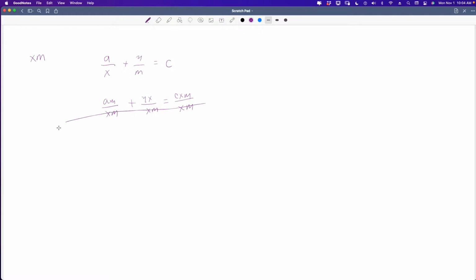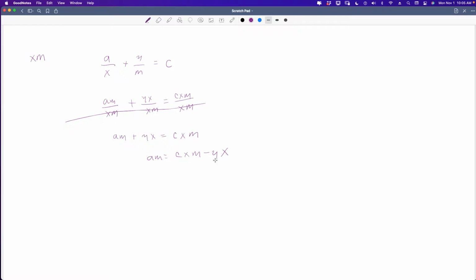Thus, we can eliminate our denominator because it's all common. And if we were to multiply everything again by xm, we would get am plus yx equals cxm. And then we could subtract yx from both sides, and we get am is equal to cxm minus yx.